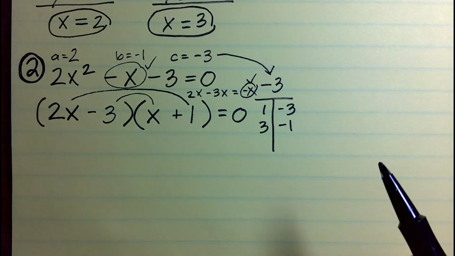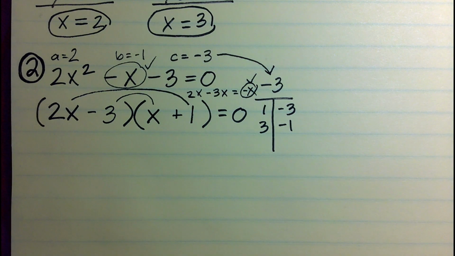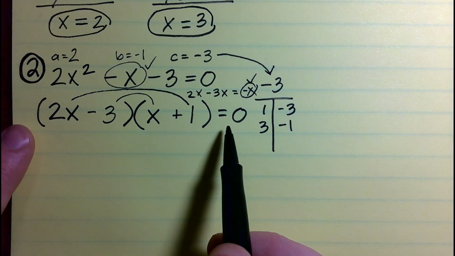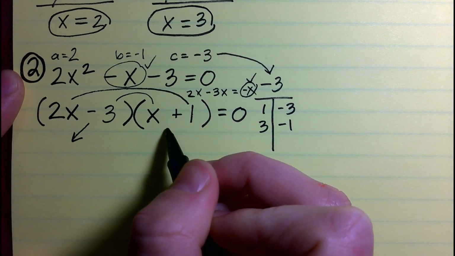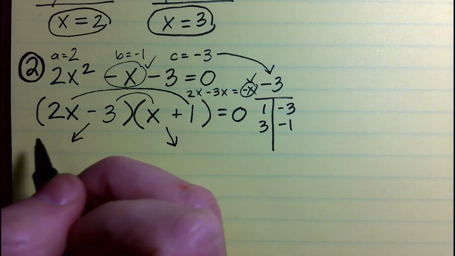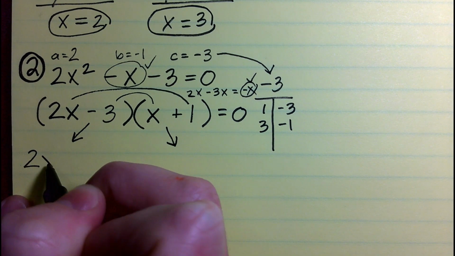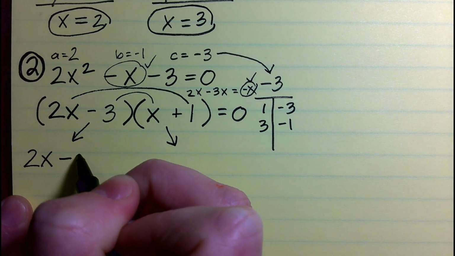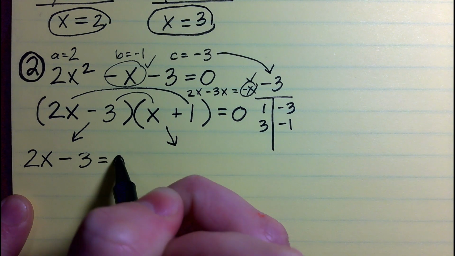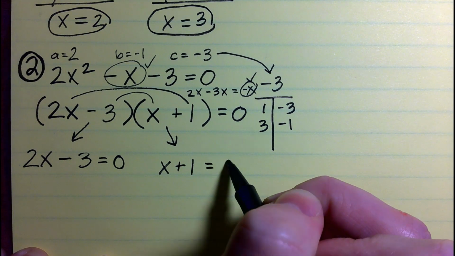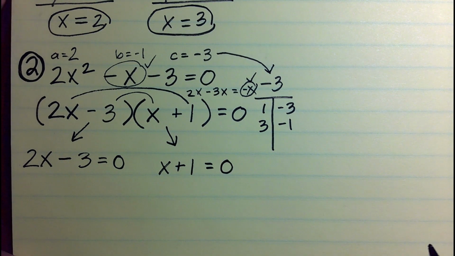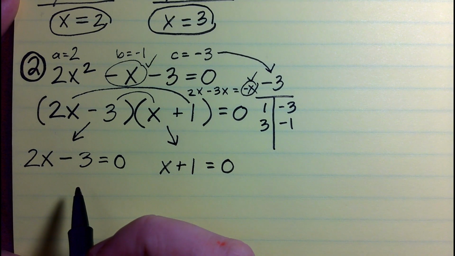So that's good. So now what do we do? Yes, let's separate our factors into 2 separate equations and set them to 0. So we'll start with 2x minus 3 equals 0, and then x plus 1 equals 0. All right, let's do the 2x minus 3 first.